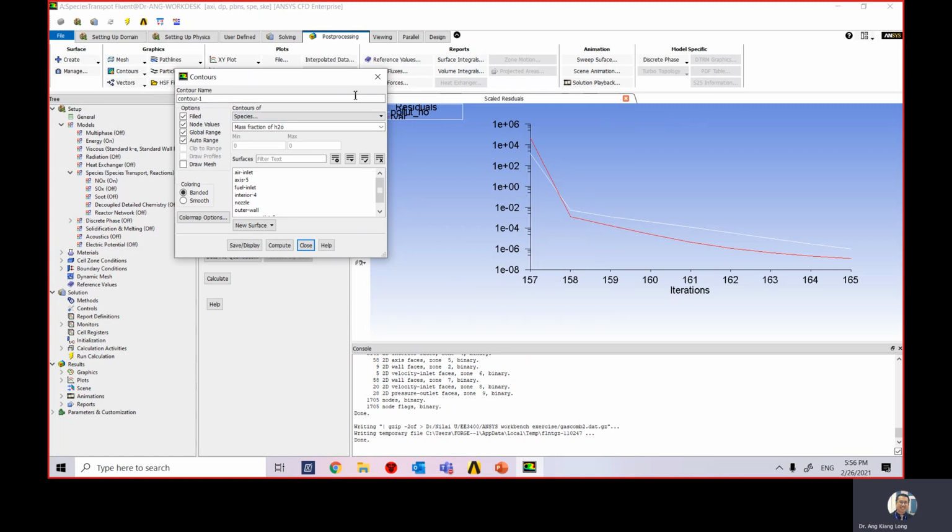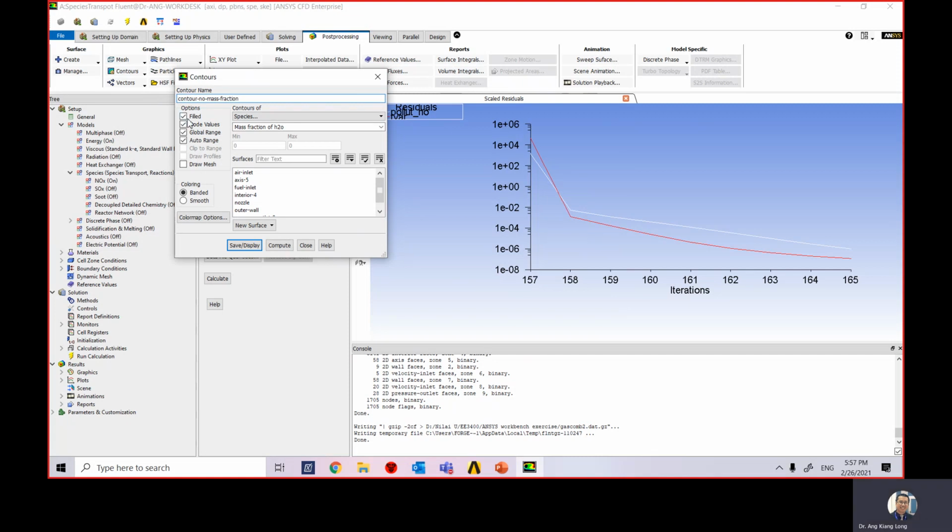The contour name will be contour NO, nitrogen oxide, mass fraction graph.